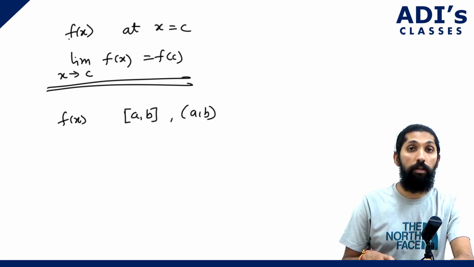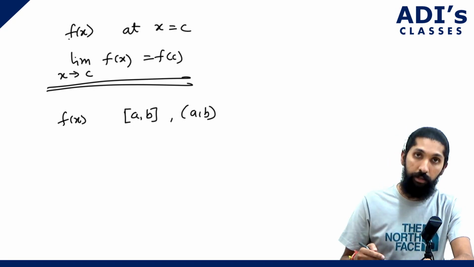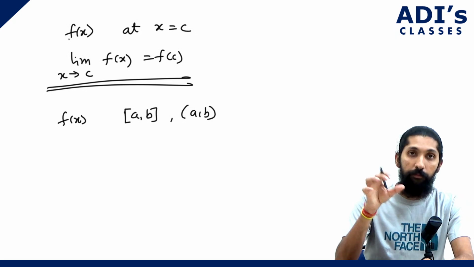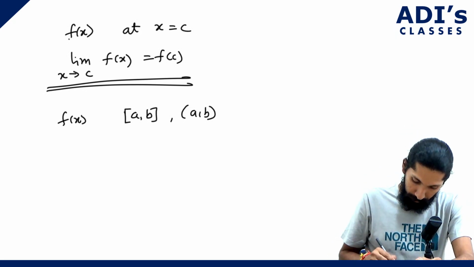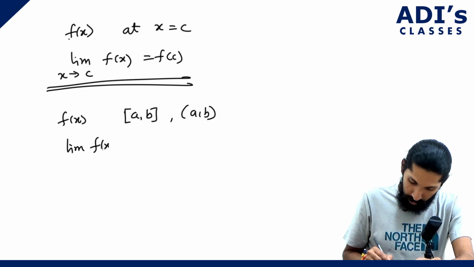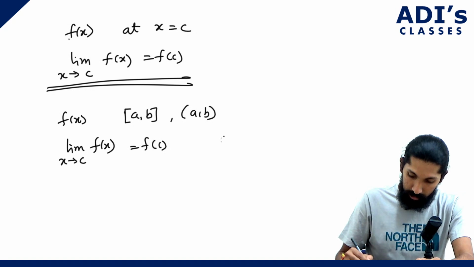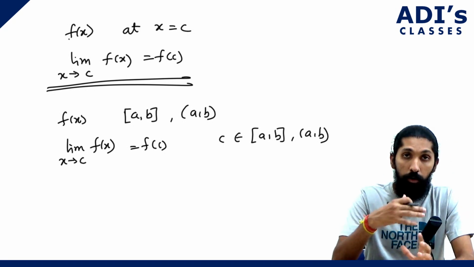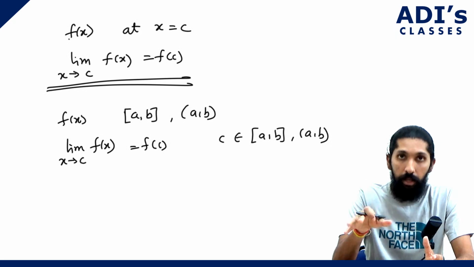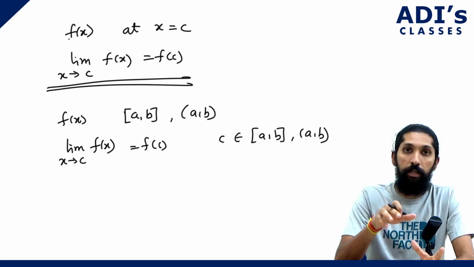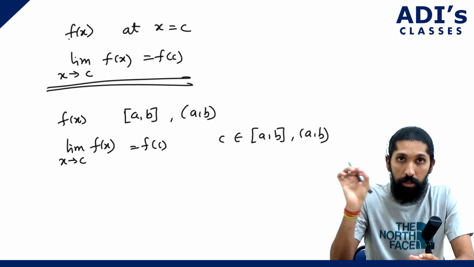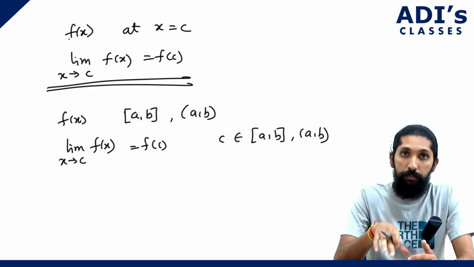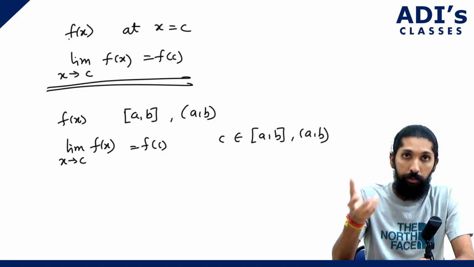The function is continuous in this particular range if limit of f of x as x tending to c is equal to f of c, where c belongs to (a, b) or [a, b]. In the sense, you have to check for the values within that particular range whether the function is continuous or not. So this is basically the concept of continuity.